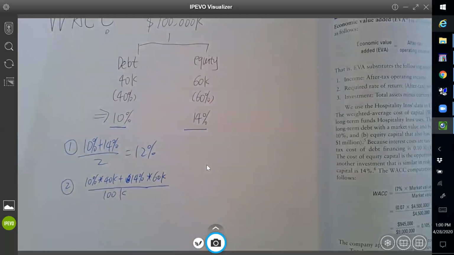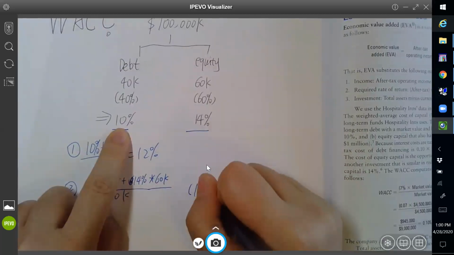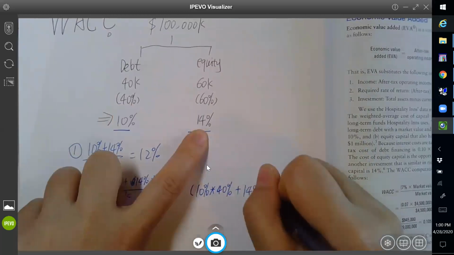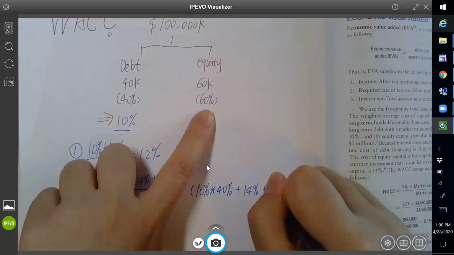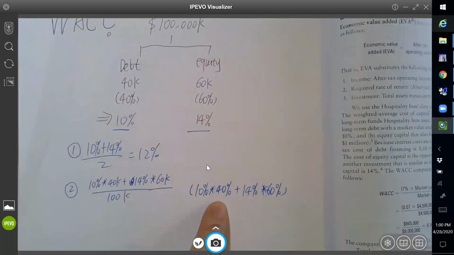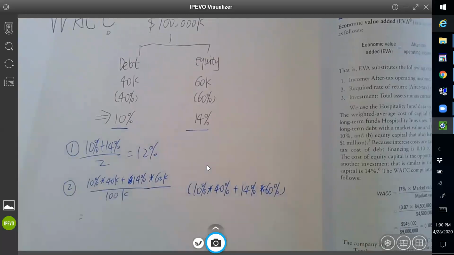Or some students just use 10% times this 40%, and then 14% times this 60%. Either one is fine. You do the percentage or you do the dollar amount, and you get the same number. So if you do the math, then that will give you... let me see.